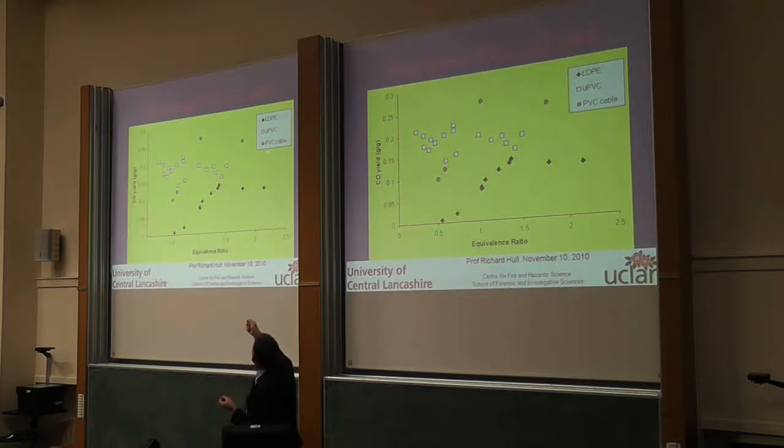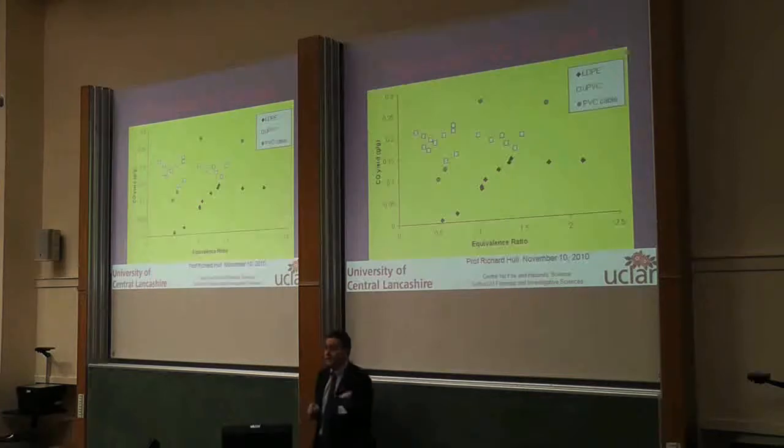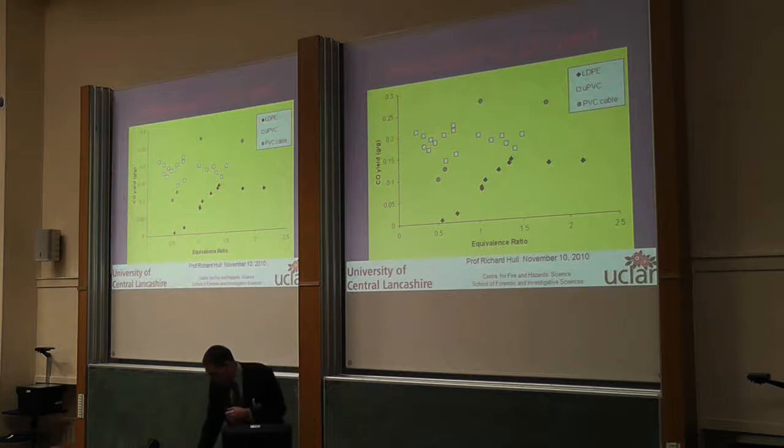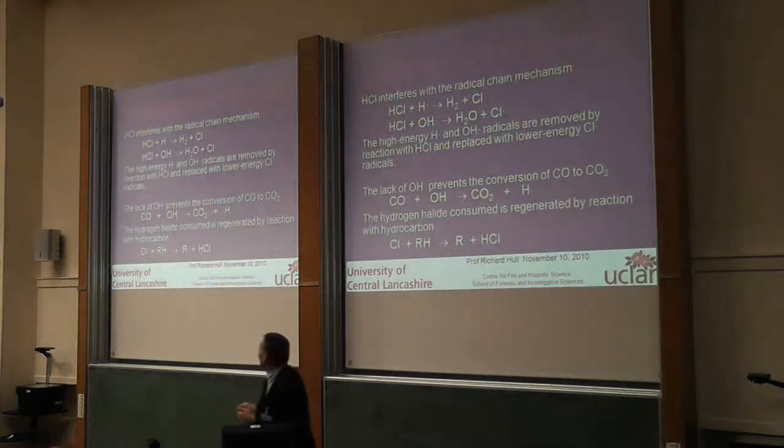But if you look at the PVC cable against equivalence ratio, you actually get the highest yield of carbon monoxide, because what you've got is the inhibiting effect of the hydrogen chloride working against the larger amount of hydrocarbon fuel that's there. So we're getting this higher yield, and something coming down a little bit here, a slightly lower carbon monoxide yield than we're getting with the pure PVC. So we wanted to have a look at a number of aspects of that.